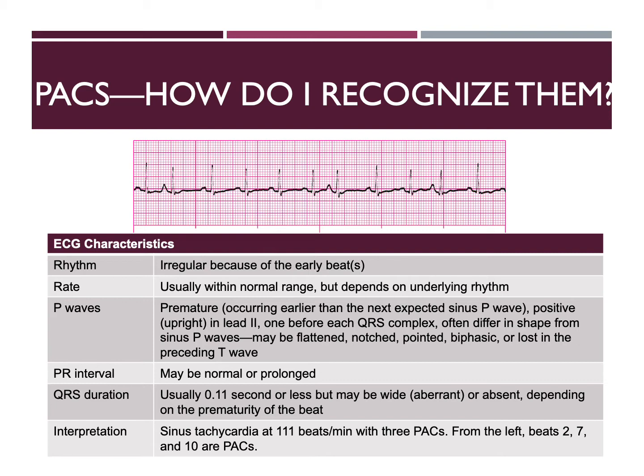As we're looking at this ECG strip, look at beat number 2. Remember, a beat consists of a P wave, a QRS complex, and a T wave. We see our first beat here. As we move to our second, look at that P wave. Look how it's elevated. Then we have our QRS complex.